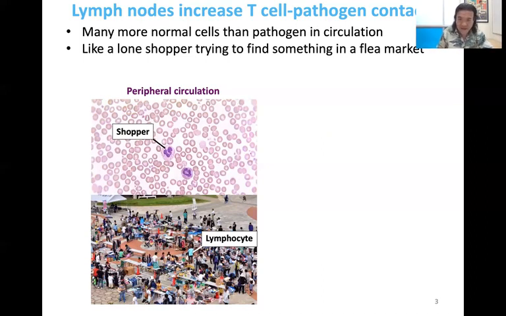I think intuitively nobody can deny that that makes perfect sense. So if you think of these little lymphocytes going through the blood, it's a crazy place where stuff is all over, all kinds of signals, and most of these are just normal signals. It's as though you were a shopper wandering through a humongous flea market, like the big flea market at Aloha Stadium back before the whole COVID thing happened.